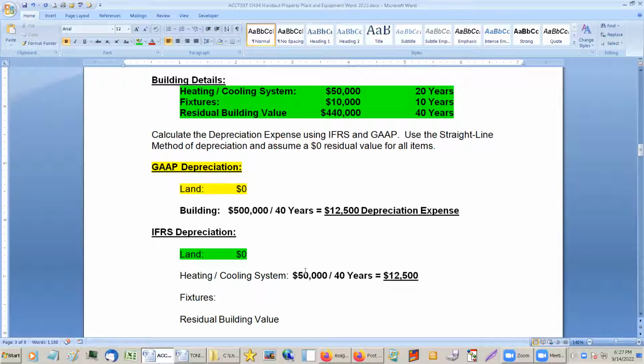Let's divide by 20 years. Uh, 2,500. Yeah, that's what I got. Okay, fixtures are 10,000 divided by 10 years. So that's 1,000.